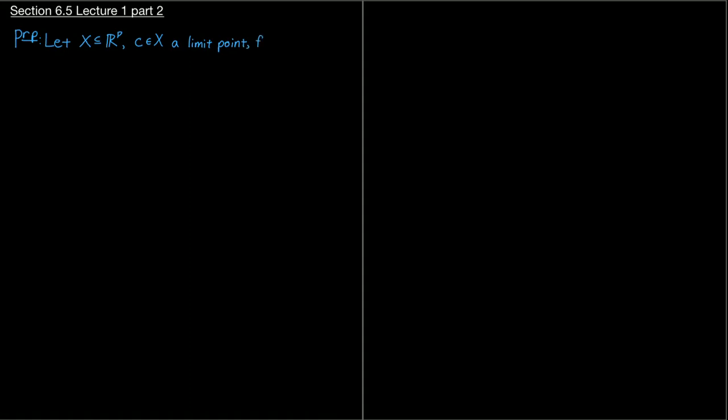And f a function from x to Rq. And then we're going to let f sub j of x be the jth component, which, remember, you can get by taking f of x inner product with the unit basis vector ej.